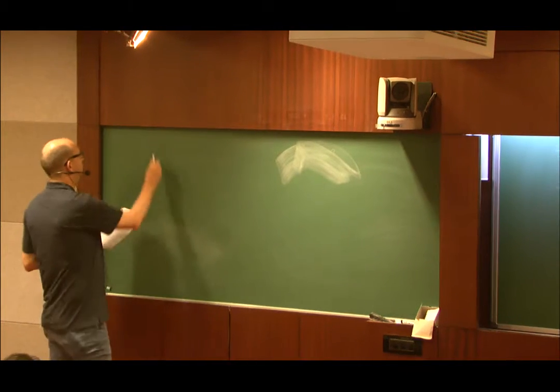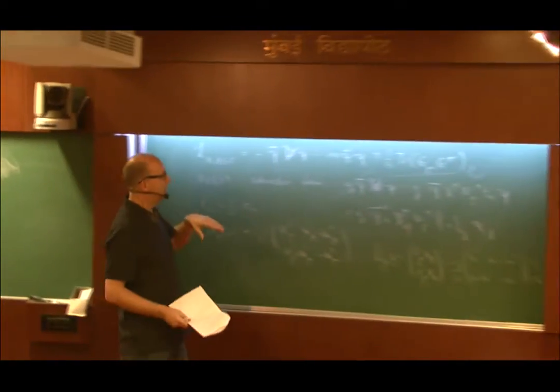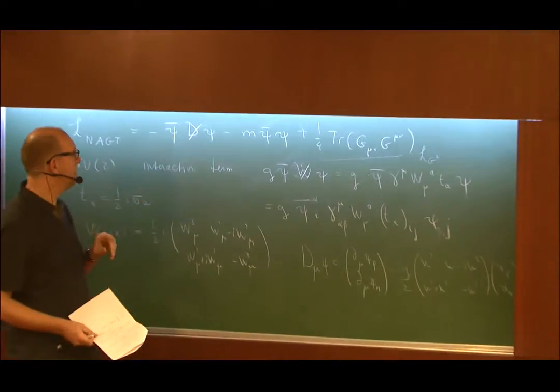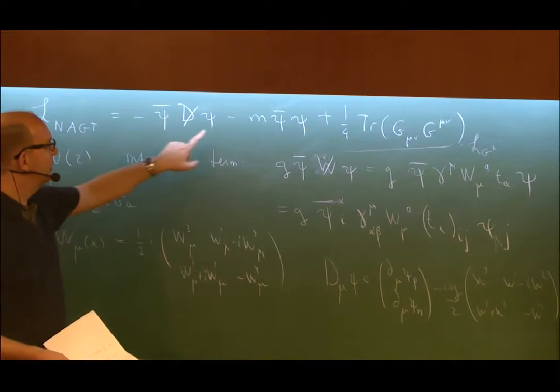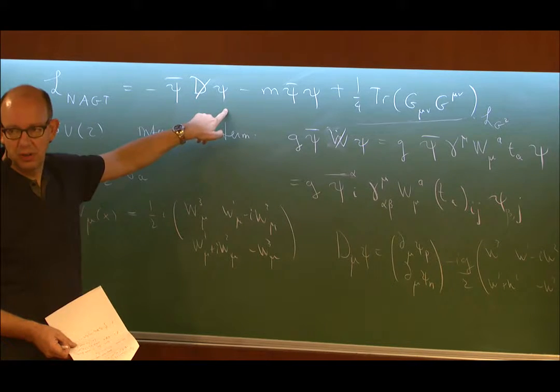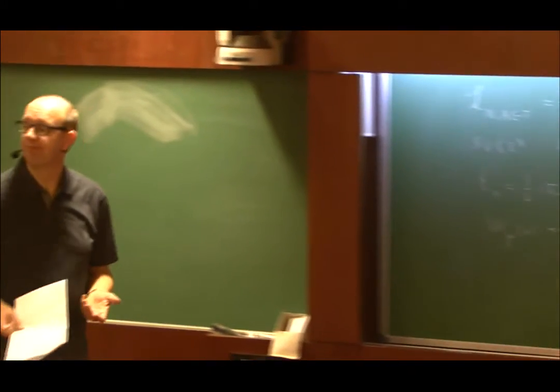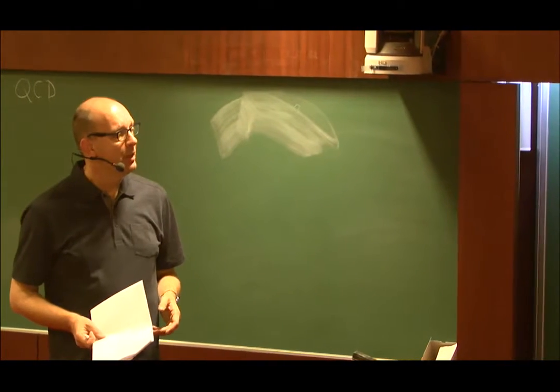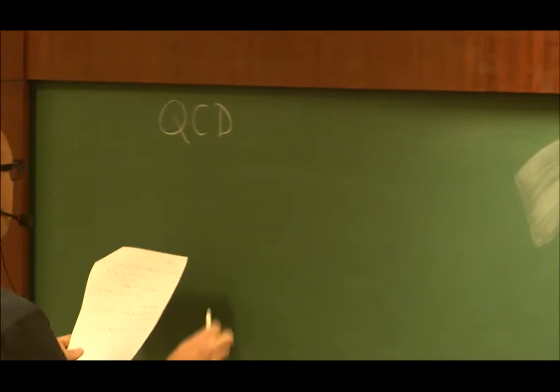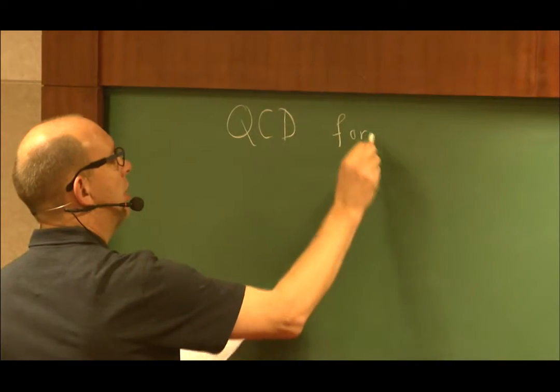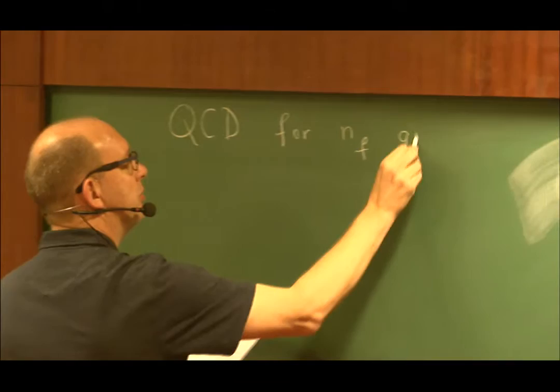So we can now come to the Lagrangian for QCD, where this is really it, except we restrict ourselves to SU(3), and these psi's represent quarks, but we must allow for the fact that quarks come in different flavors. So let me write then the action. So QCD for N_F quark flavors.